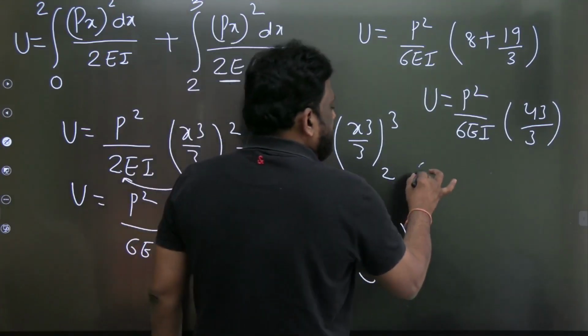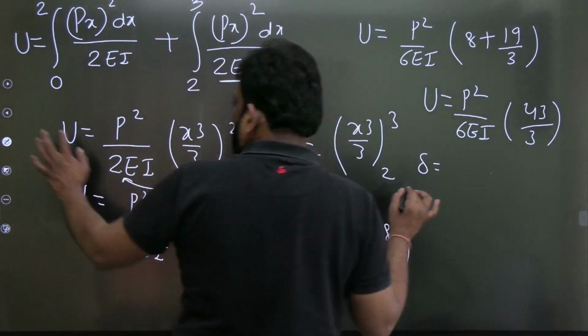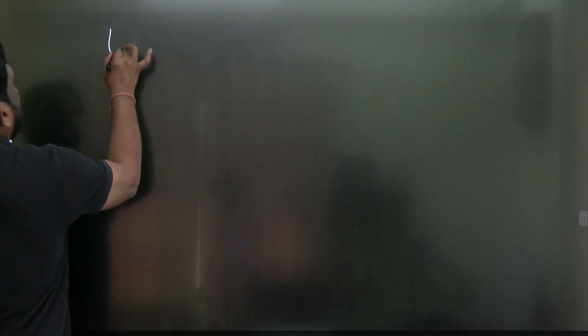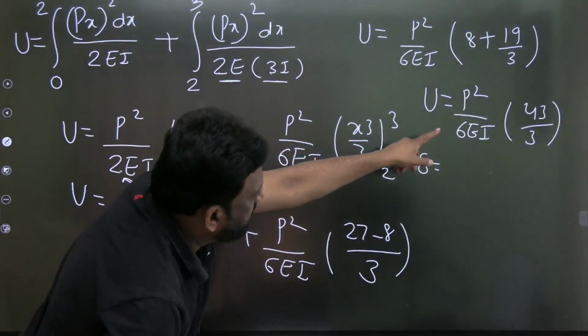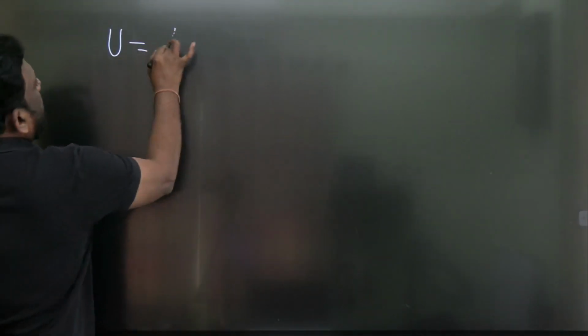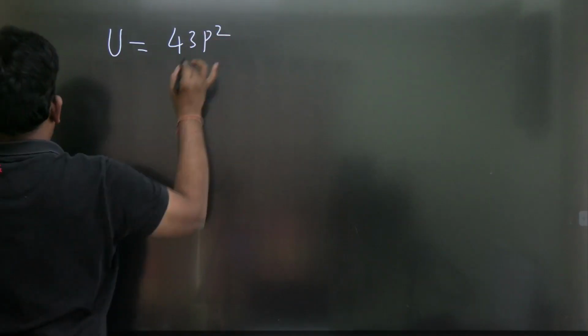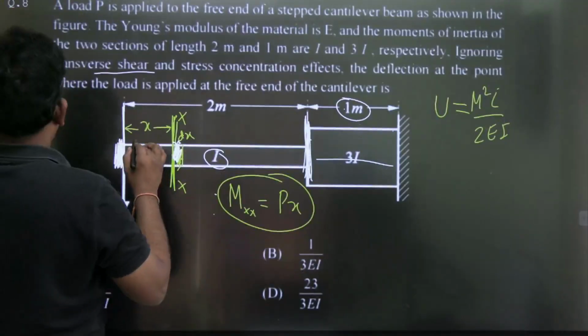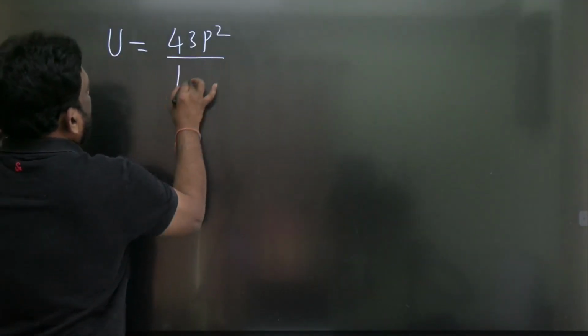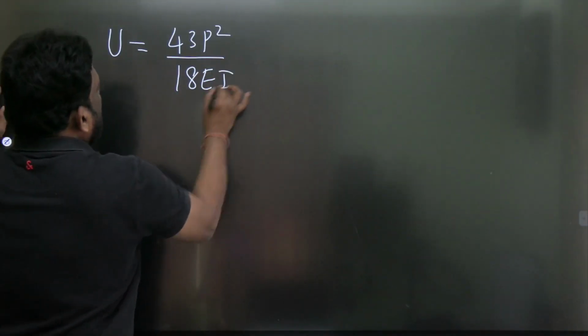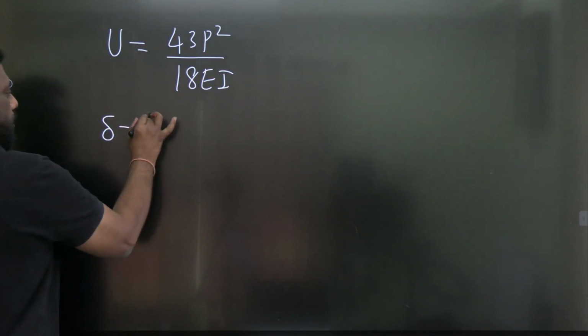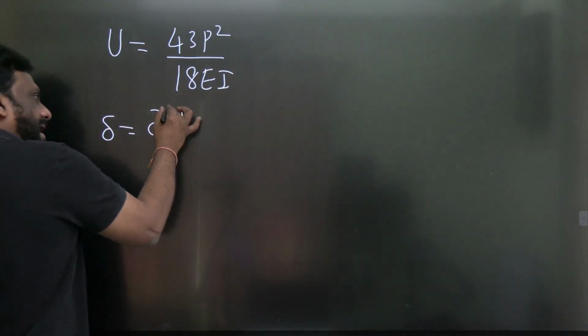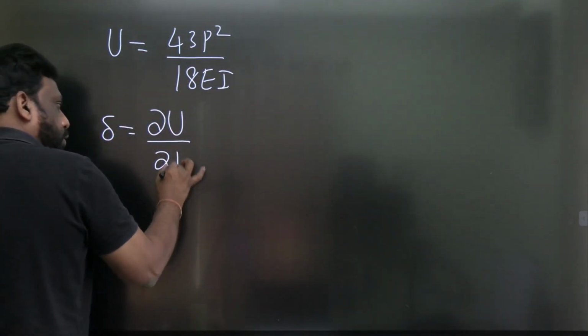So now I want deflection under the load. Castigliano's theorem says the total strain energy is given by 43P square by 18EI. Deflection is obtained by differentiating partially the total strain energy with respect to load.